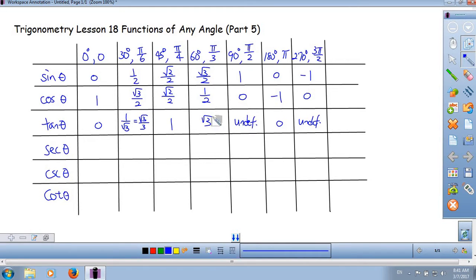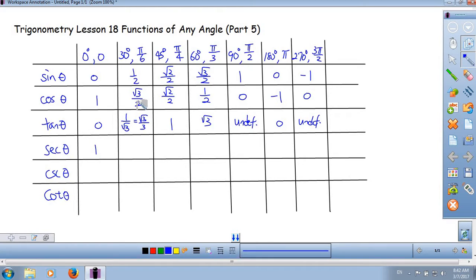Tangent is undefined there. Now secant is the reciprocal of cosine. If I know cosine, I flip it, I do the reciprocal, and I get the value of secant. The reciprocal of 1 is 1.